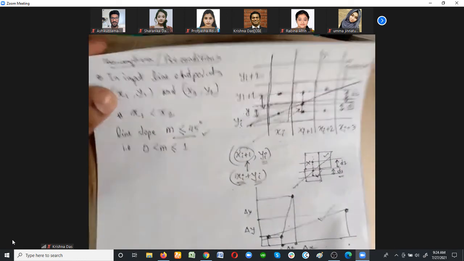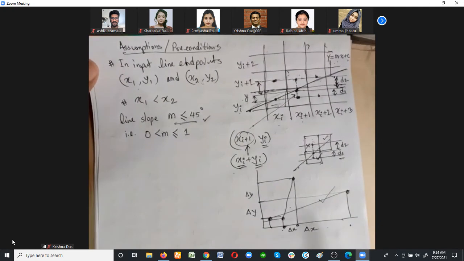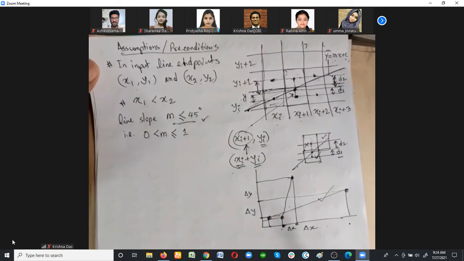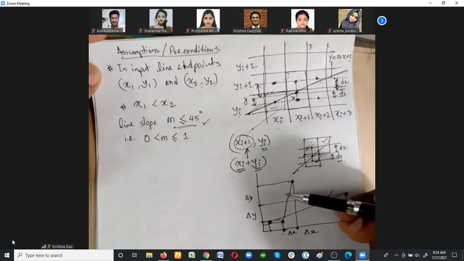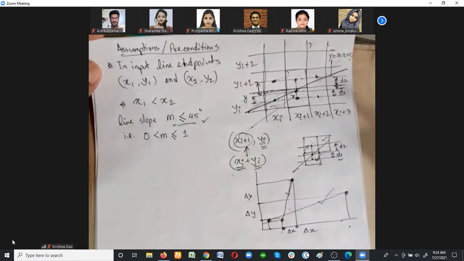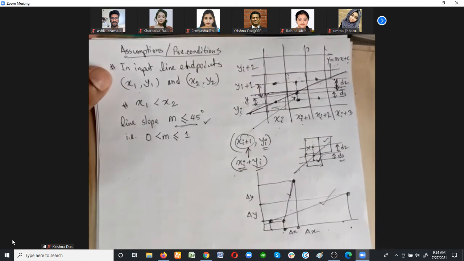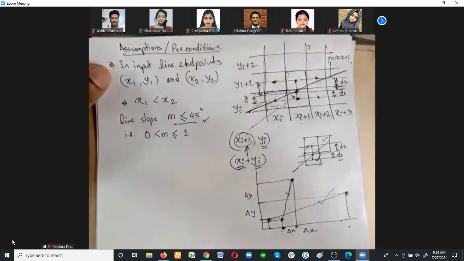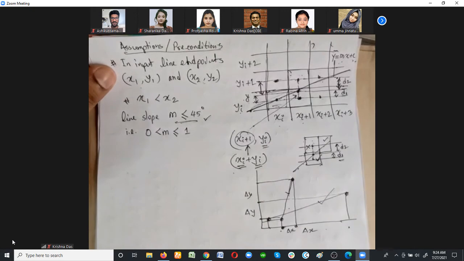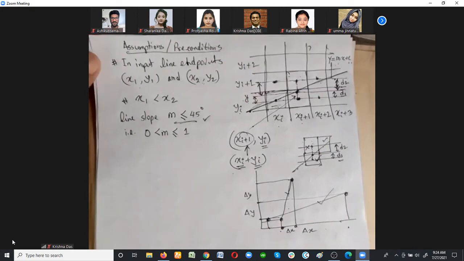Do you understand now why we have some precondition? Because if we have a different type of line with slope more than one, then all the formulas we are going to use also need to be changed. That is our precondition.